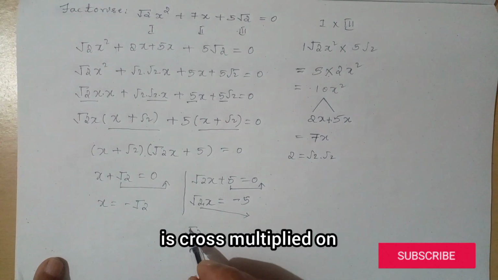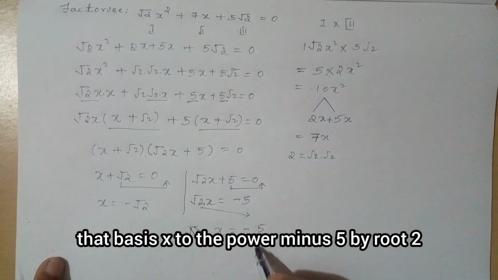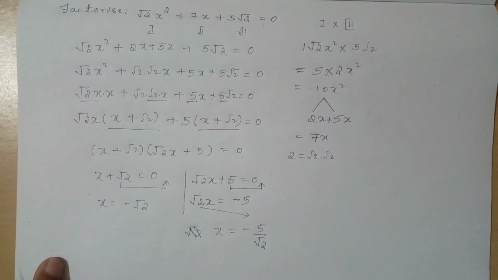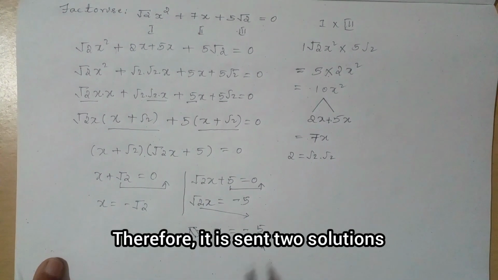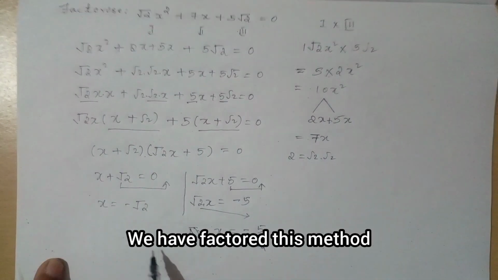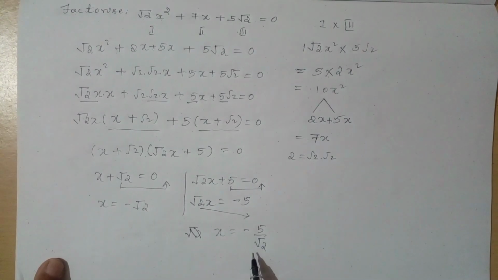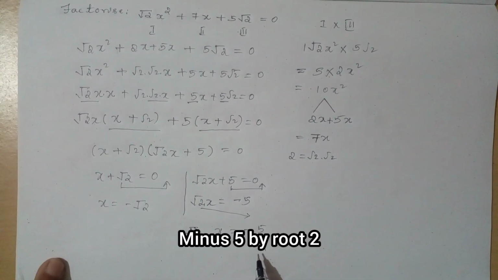On that basis x would be minus 5 by root 2. Therefore it has two solutions, this quadratic equation has two zeros. By the factorization method it is easy to solve. So one root is minus root 2, another root is minus 5 by root 2.